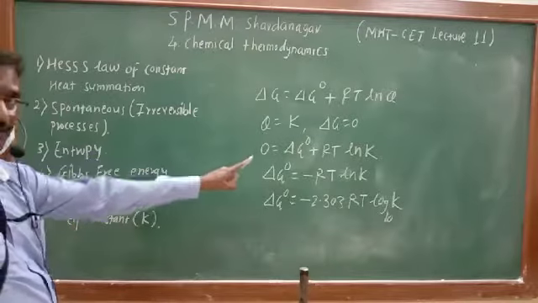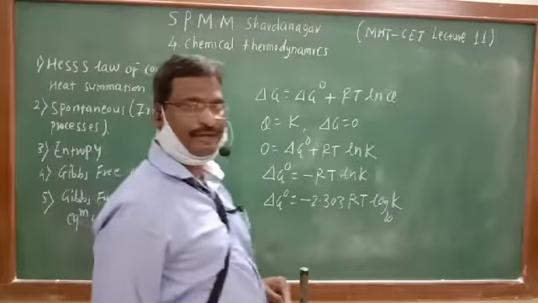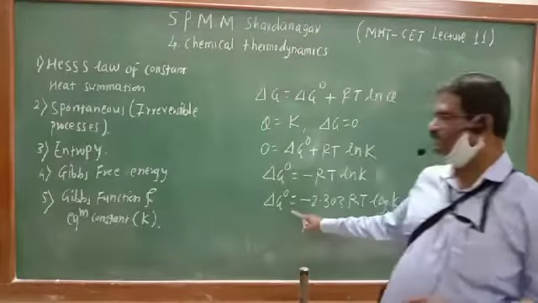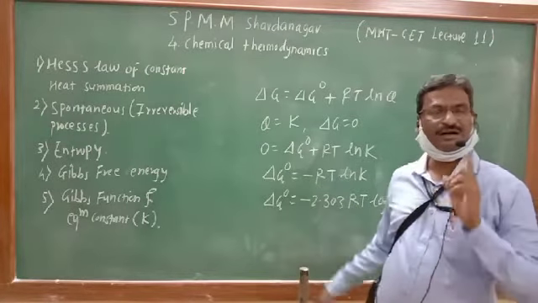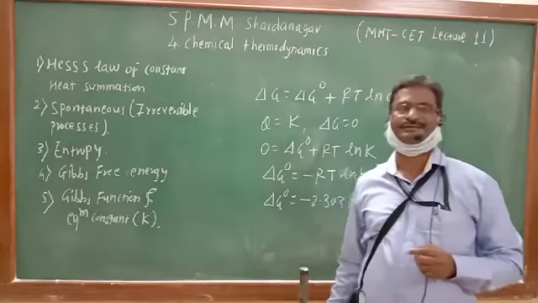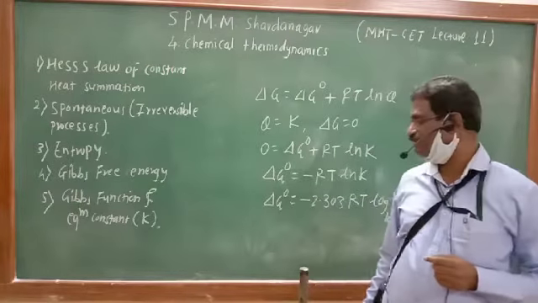K is the equilibrium constant, and delta G naught is the Gibbs free energy under standard state conditions, under standard temperature.